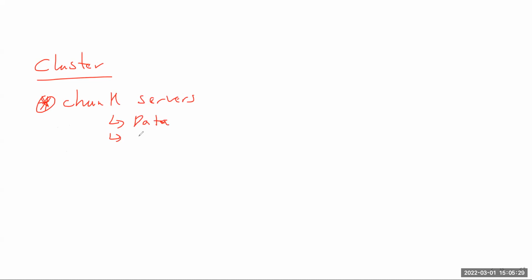So you have the cluster. Now imagine that you have a cluster. That cluster will have chunk servers, which will store data and compute. Or data and processing, however you want to call it, computing. Okay.